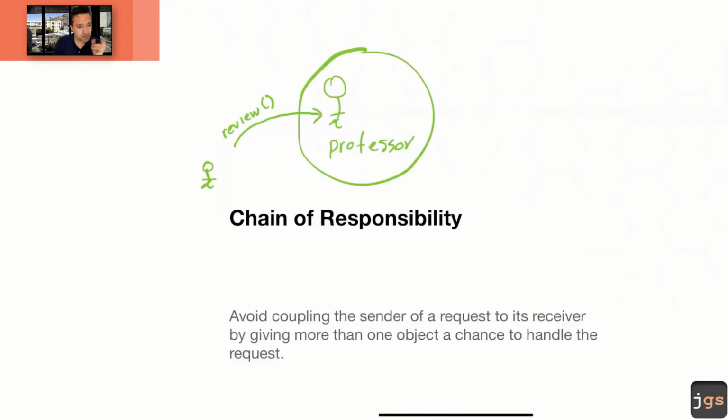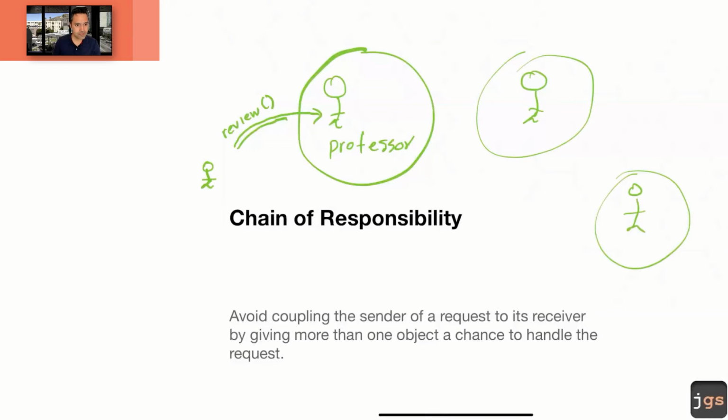The chain of responsibilities is about the following. What happens if instead of having one object, one class attending requests, we create several classes and therefore several objects. And you know what?